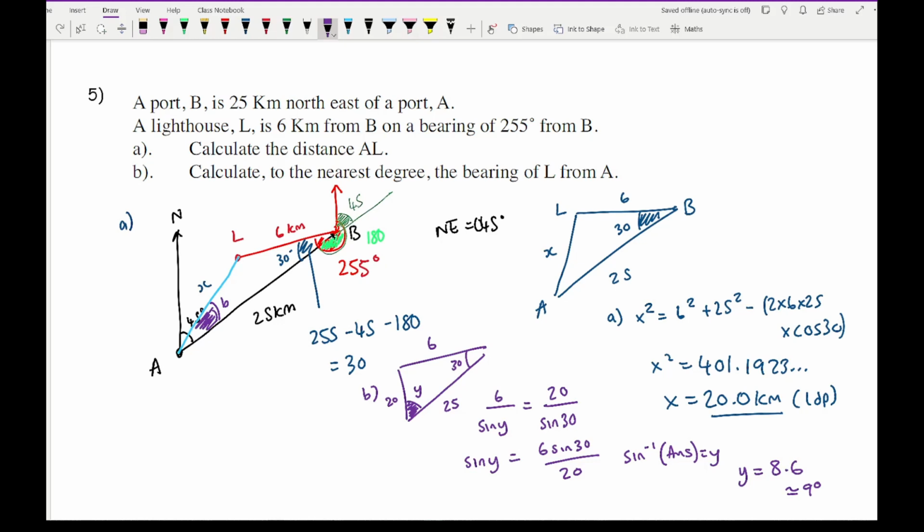Now that's what the purple angle asked for, but the question is asking for the bearing from A to L. So the bearing of A to L is this angle here, and what we've worked out is that this part here is 9 degrees.